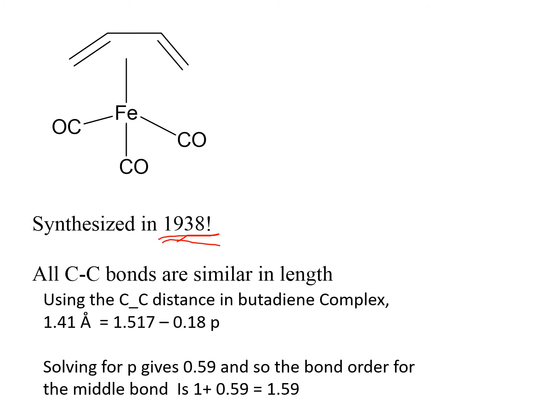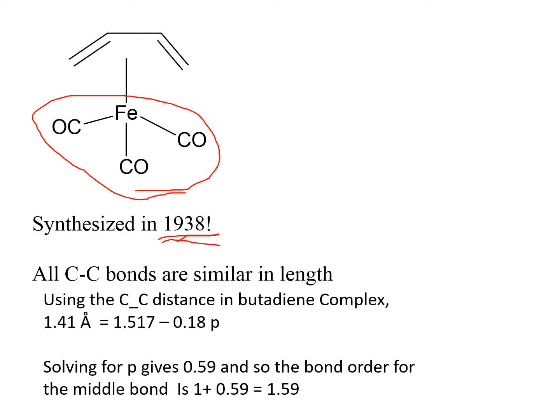But if you look at the carbon-carbon bond distances in this molecule, they turn out to be very similar for C1C2 and C2C3. This is in fact indicative of the changes in bond order as a function of the coordination of the iron tricarbonyl moiety.